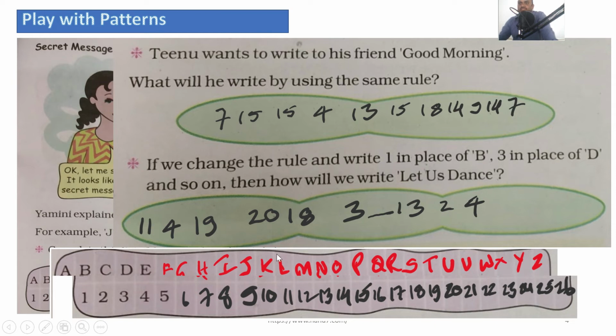So let us dance. The L was 10, but now it became 11, and E is 4 and T is 19, like that. Here there is an ambiguity. We don't know what to write in the place of A because A is not there. Shall I write 26 for A or shall I write 0 for A?